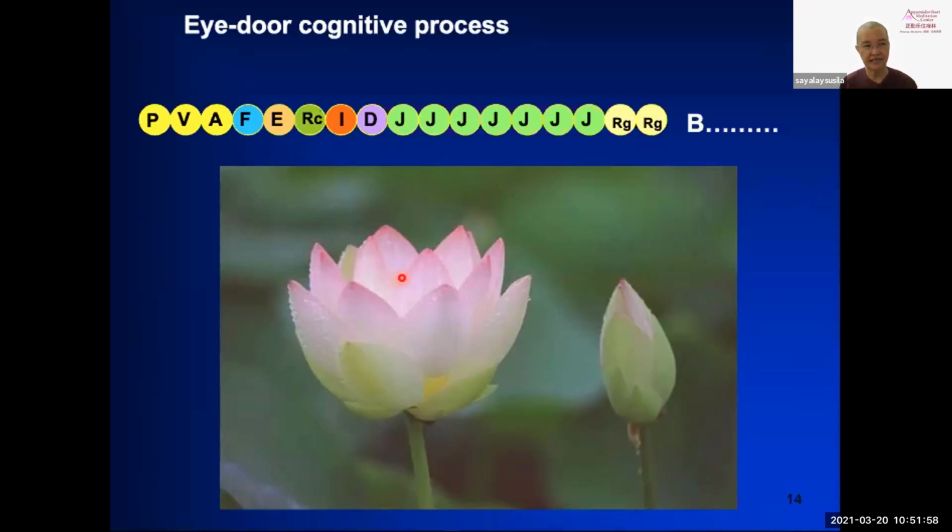You like that visible object. So when there's a liking towards the visible object, then consciousness rooted in greed, accompanied by joy, associated or dissociated with wrong view, prompted, will arise at the javana stage, one after another for 7 times.